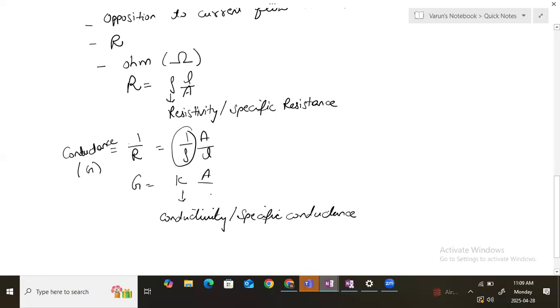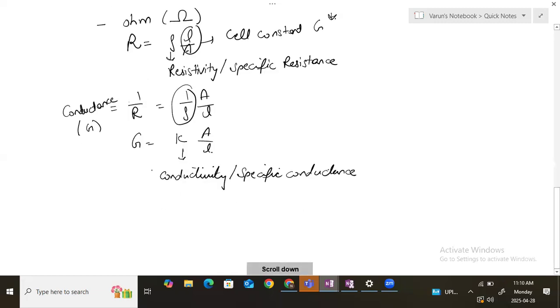L by A is a constant, basically our cell constant, represented by G star. A by L is the inverse of the cell constant.